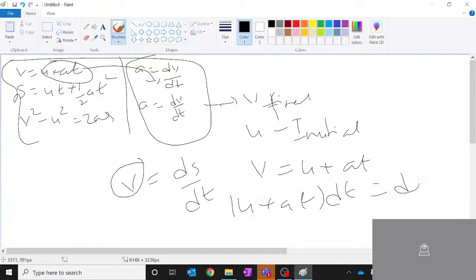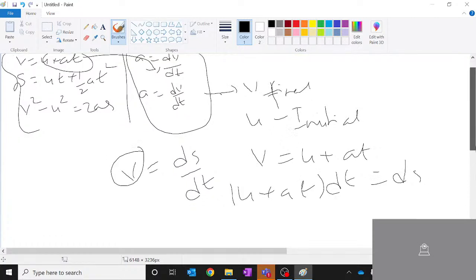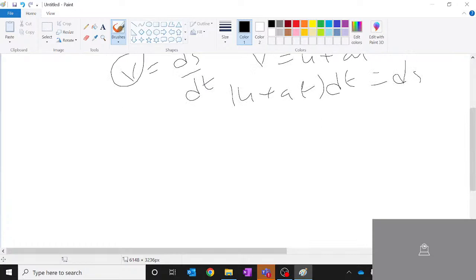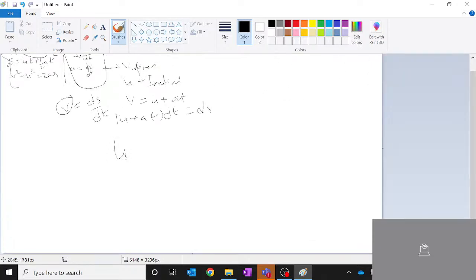the differential is ds. Now if I am integrating with respect to time, this becomes the integral of u dt plus at dt, which is nothing but the integral of ds. So this becomes s, because u is a constant, it comes out.